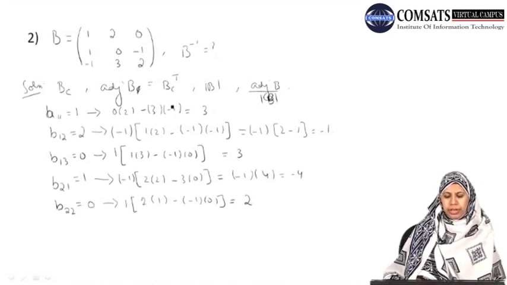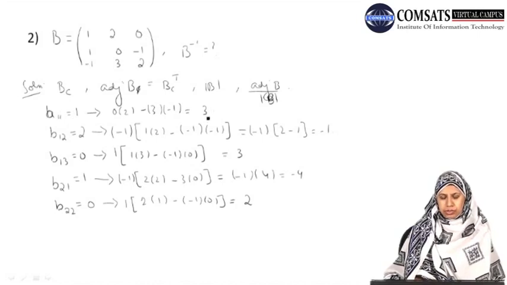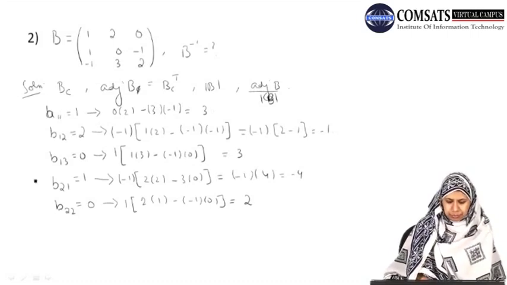What we will do, we will find these cofactors for each of the entries, and we will write these cofactors in the matrix form with their respective entries. For example, the cofactor of the entry B11, which is equal to 3, will be written in the matrix form at position 1 1, that is first row and first column, and so on for the rest of the entries.